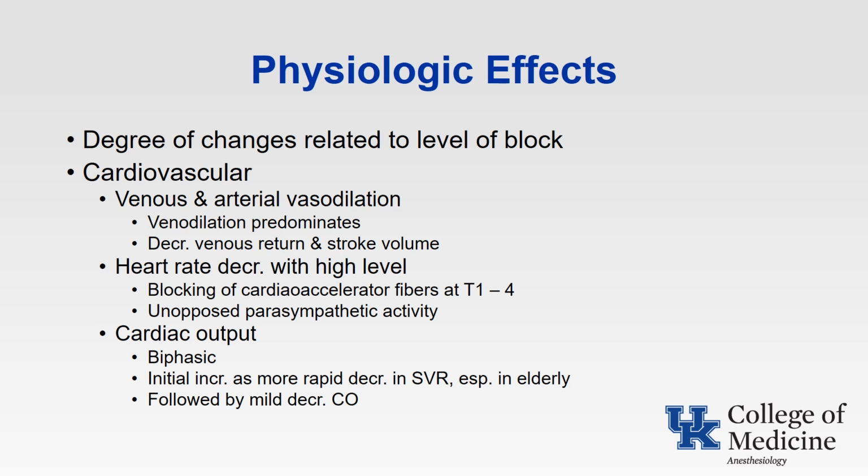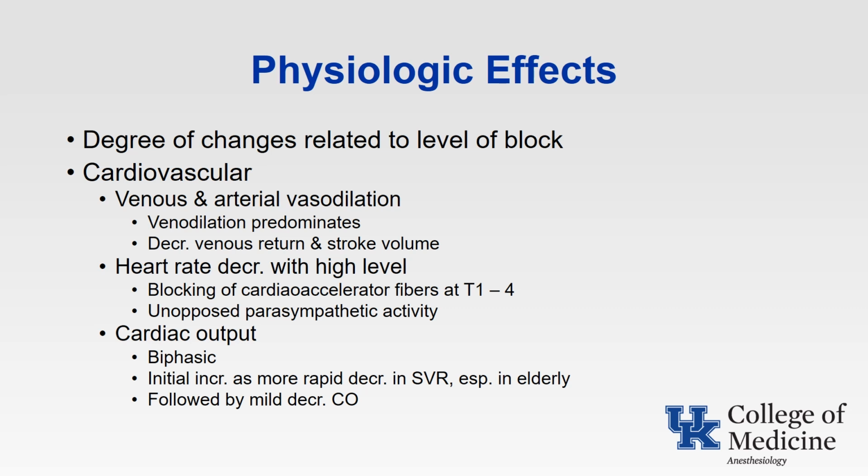What about cardiac output? Actually, there is generally a biphasic effect on cardiac output. Initially, the decline in systemic vascular resistance resulting from arterial vasodilation will occur more rapidly than the venodilation. So initially, for a brief period of time, due to that more rapid decrease in SVR as opposed to the decrease in venous return, you may see a small increase in cardiac output.